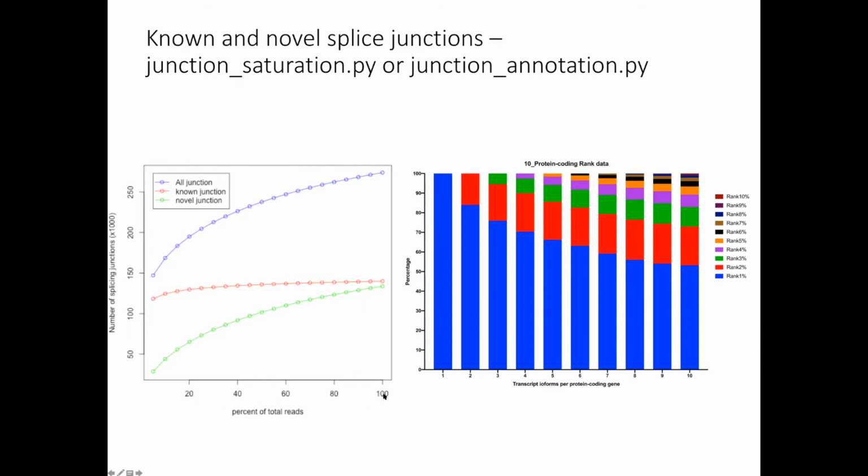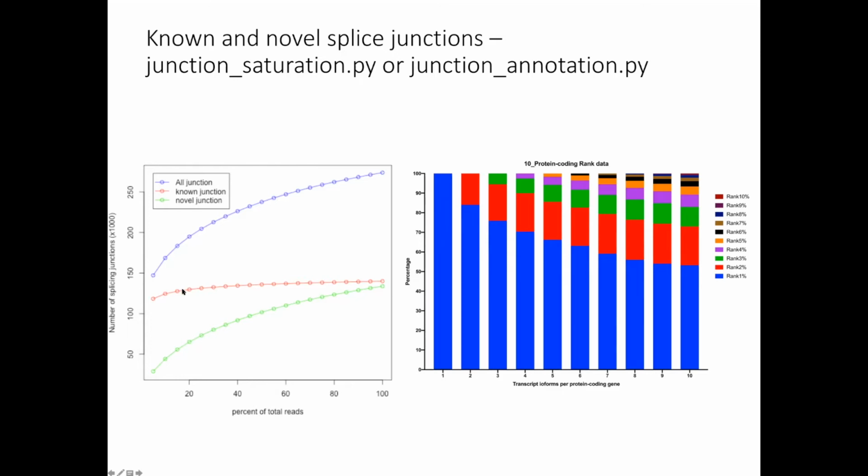So let's say, for example, that this sample had 100 million reads to start with. Then already after approximately 10 million reads or something, 15, all of the known junctions in the samples have already been found.